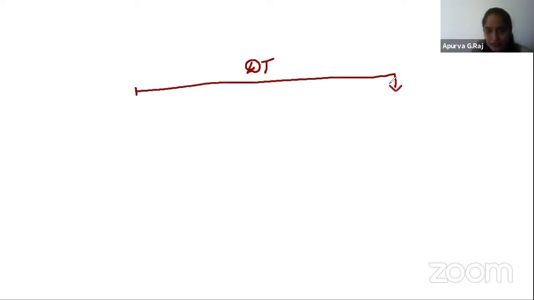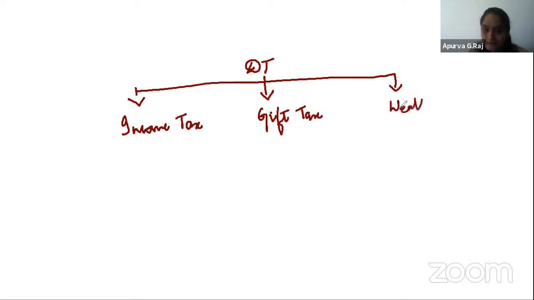Let's cover this DT part now. Direct taxes include three parts. One is going to be income tax, the second thing is going to be gift tax, and the third thing is going to be wealth tax.